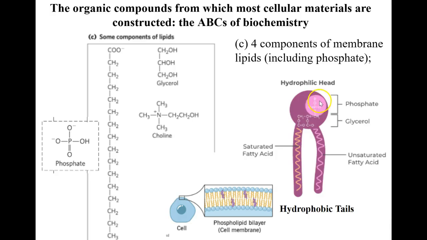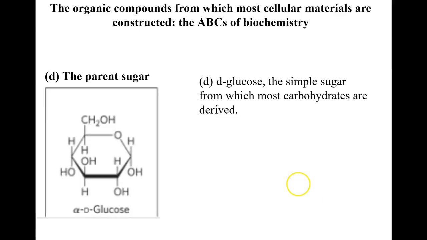You have a phosphate group, and then in the backbone glycerol, and what's attached to the glycerol is fatty acids. You can have saturated fatty acids and unsaturated fatty acids. We will go more in depth with that later on in the semester, but these are once again the major components.